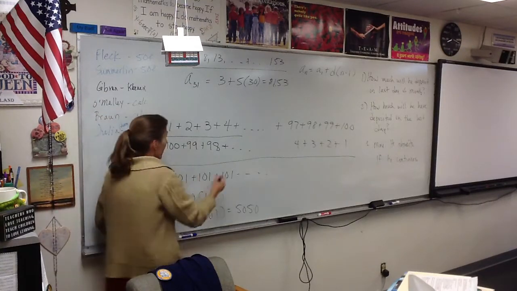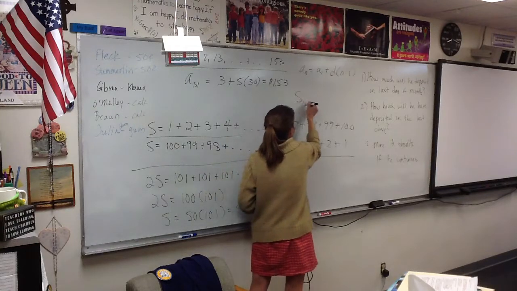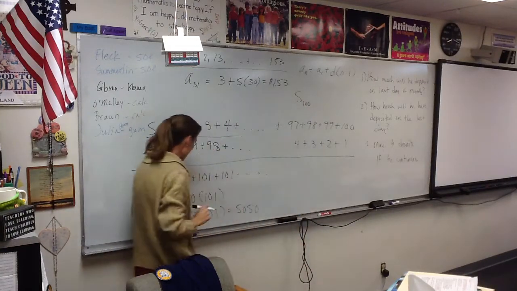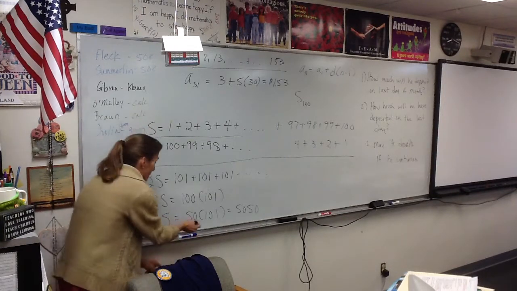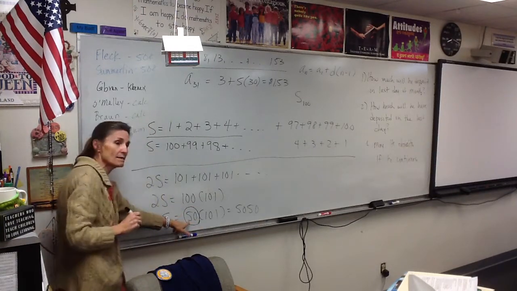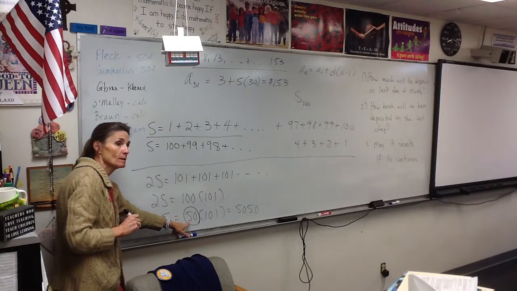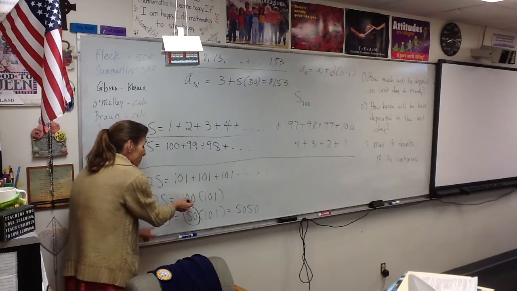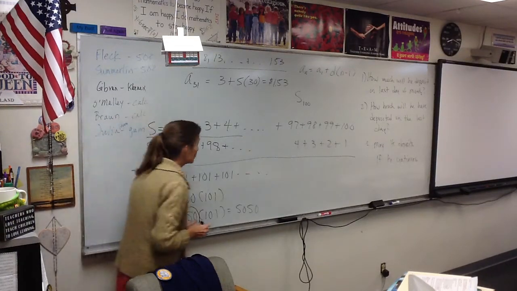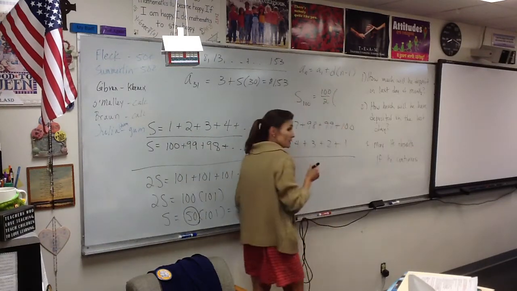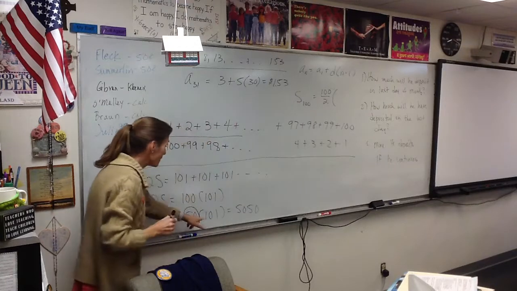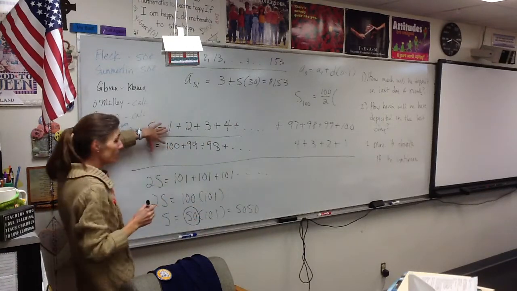He said, I have to add up 100 terms. I'm going to use S to indicate I'm going to add up 100 terms. Where did that 50 come from? In his problem, the total number divided by 2, so he had 100 over 2. Where did the 101 come from?